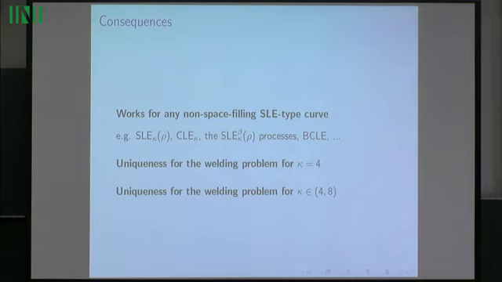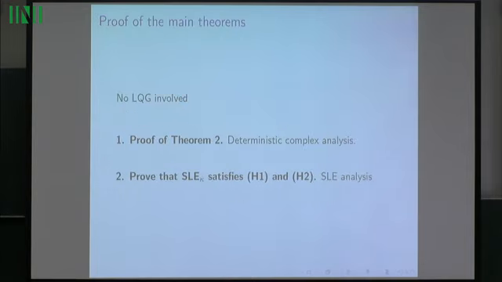So if you reverse this gluing, you don't know if you get the same curve. But for us, it says as long as the law of the curve is SLE, then you always get the same curve. Okay. So now I will talk about the proof of the theorems.